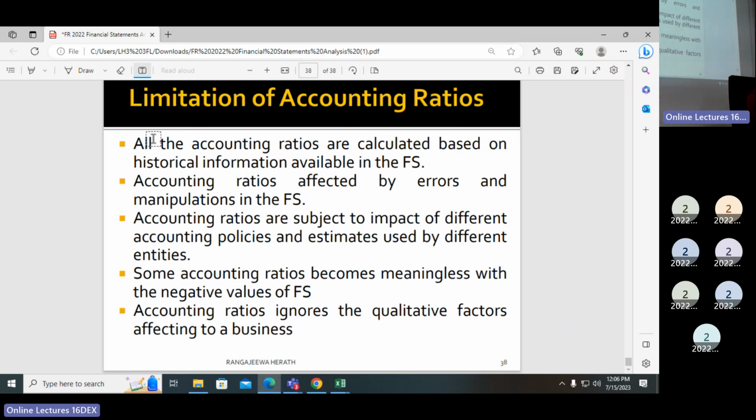First in first out, inflation situation එකේ latest purchases are included in the closing inventory. ඒනිසා closing inventory වැඩි වෙනවා. Cost of sales අඩු වෙලා profit එක වැඩි වෙනවා. Right? ඒනිසා ඇත්තටම මේ accounting policy එක නිසා තමයි එක company එකේ profit එක වැඩි වෙලා තියෙන නිසා profit ratio වැඩි වෙලා වෙන්න. Right? That's a limitation.